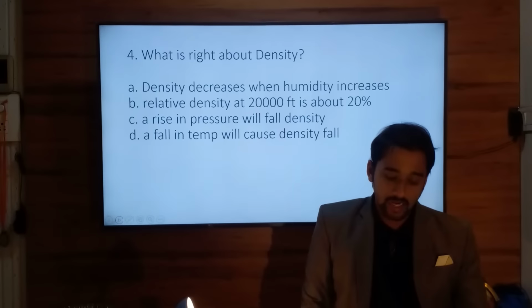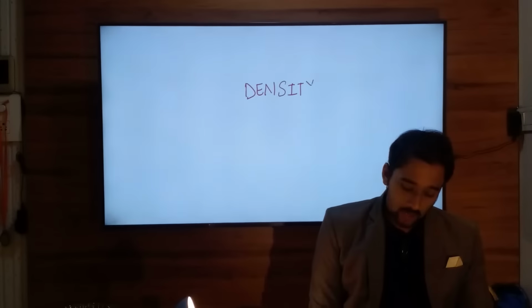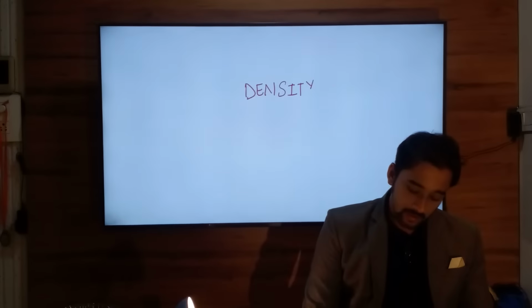Question 4, what is right about density? Now density is a thing which is influenced by three factors very heavily.